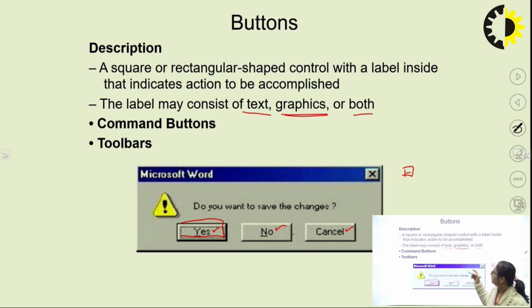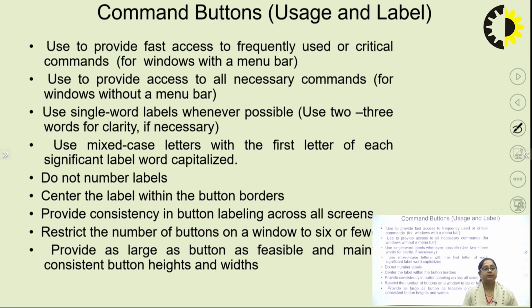Let's discuss the command button. Buttons are of two types: the command button and the toolbar button. A command button is used to provide fast access. Just click, and the command will be performed.